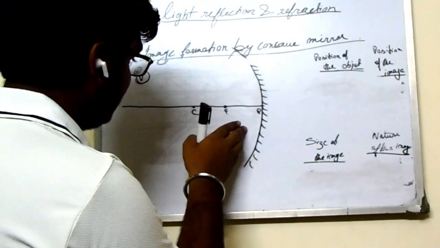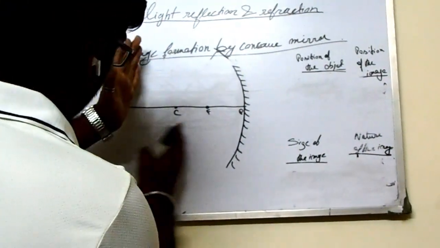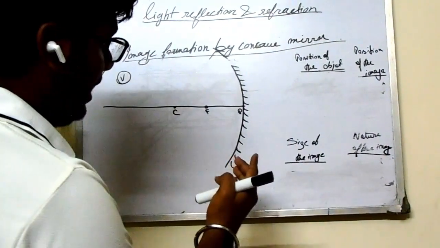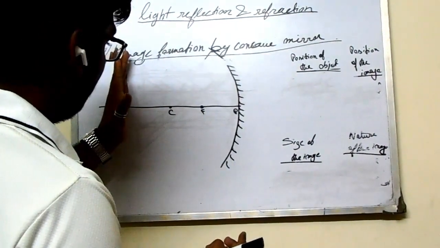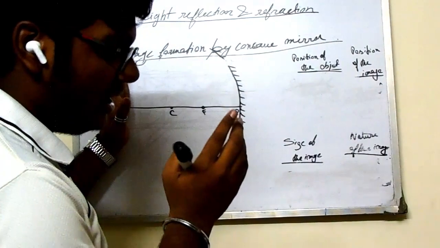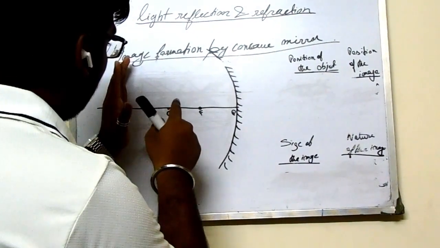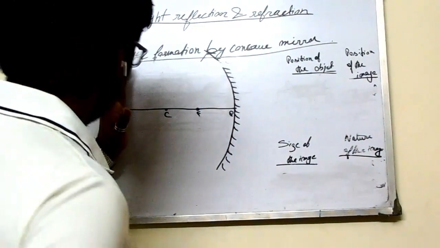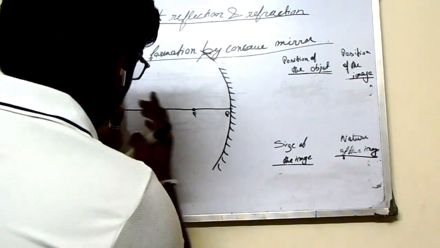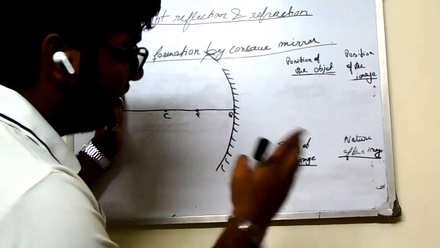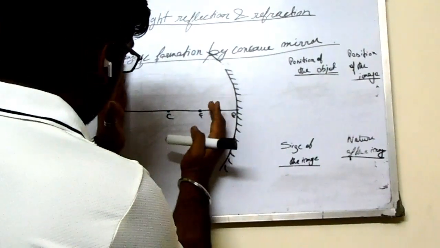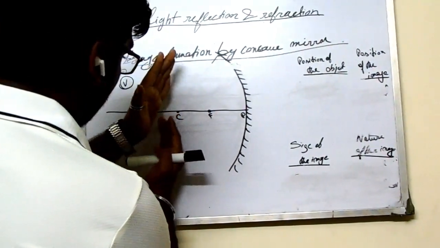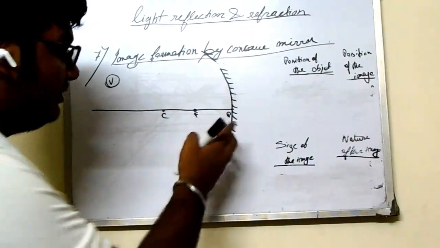The image distance is going this way. At first, the object was here and the image was here. As serially the object is going closer, the image is going farther away from the mirror.